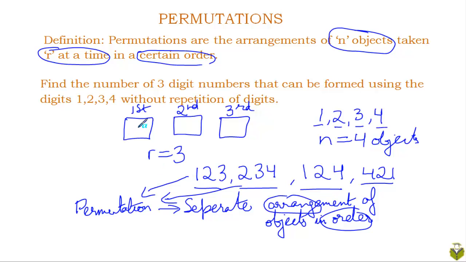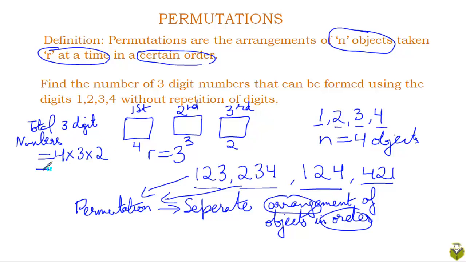So how many separate arrangements can you get? This is something which you had done using the fundamental principle of counting: for the first digit you have 4 options, and then for the second digit you had 3, and for the third you had 2 options, and so you had total 3-digit numbers equal to 4 into 3 into 2, that is equal to 24.